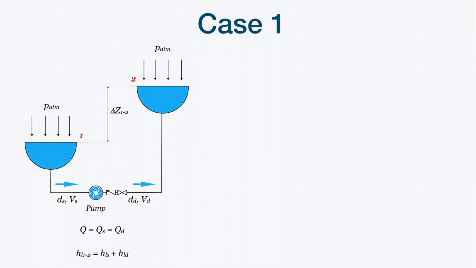We already know that the flow rate is the same for every one of the pipes, since this system is in series, so the flow rate at the suction pipe is equal to the flow rate at the discharge pipe, and the pressure or head losses between section 1 and section 2 are equal to the sum of the head losses at the suction pipe plus the head losses at the discharge pipe.